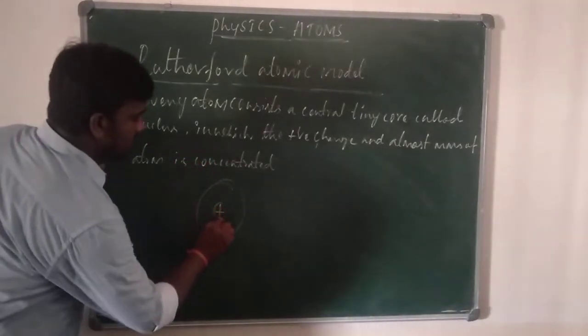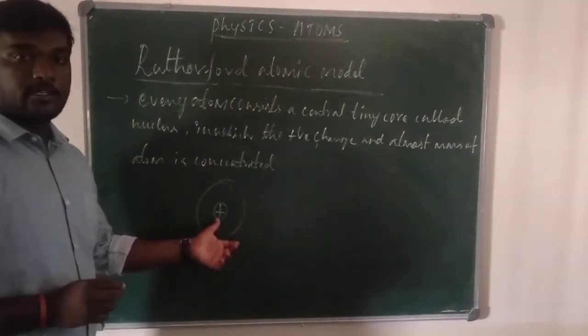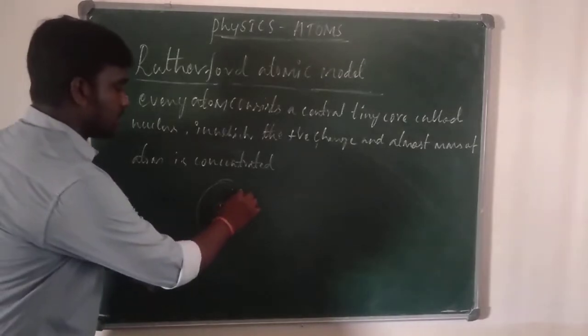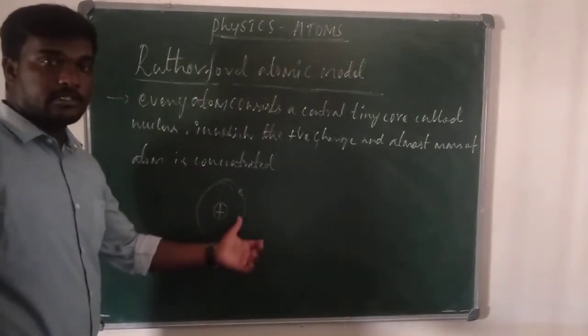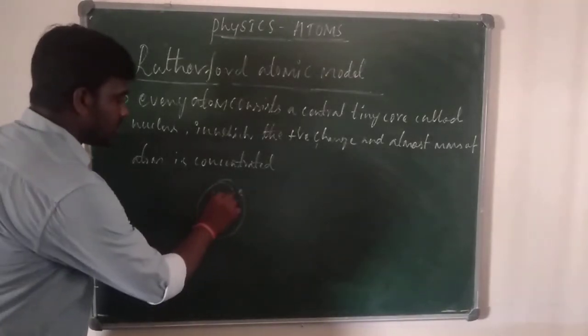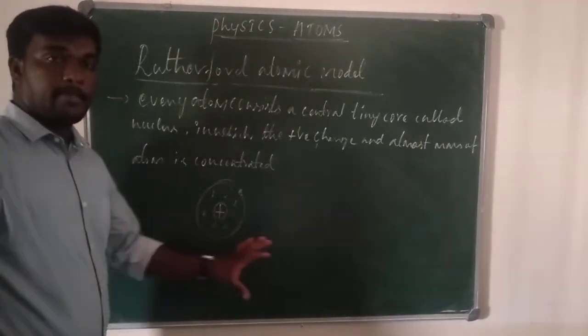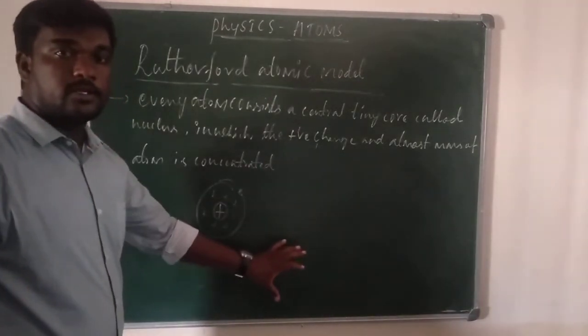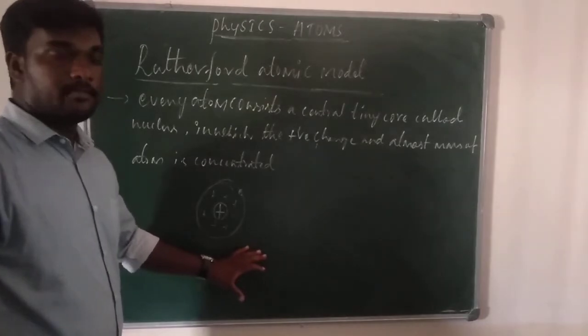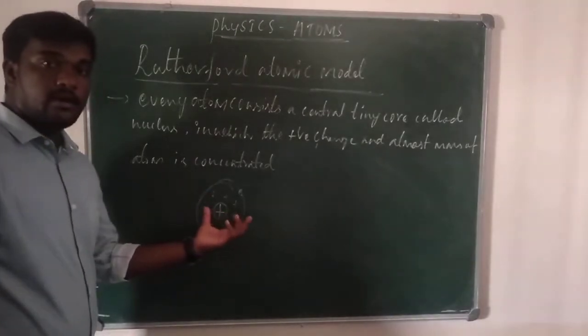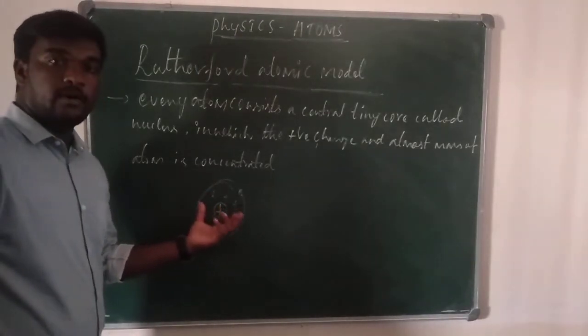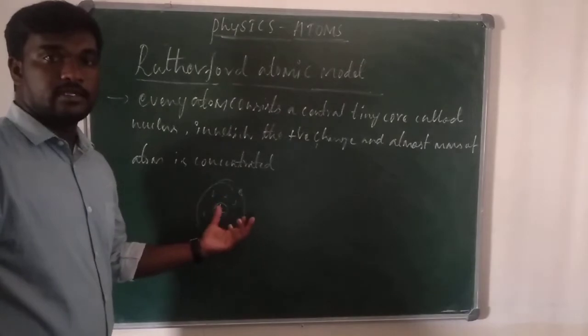This is the central core of the atom, with the electrons revolving around it, and the positive charge and almost the entire mass of the atom is concentrated at the center, in the nucleus.